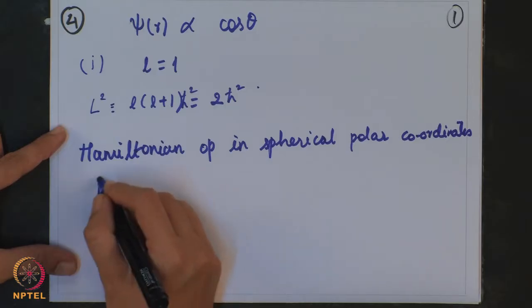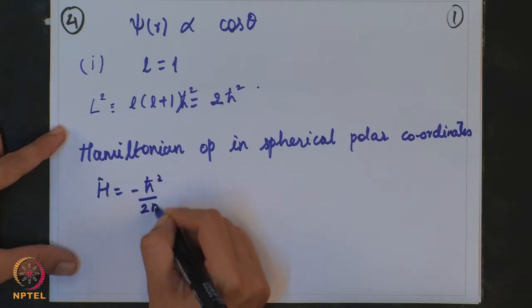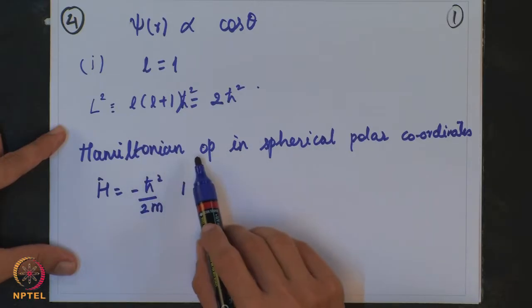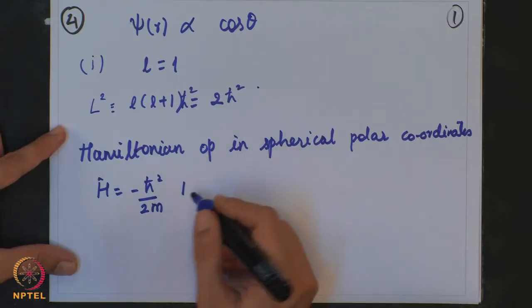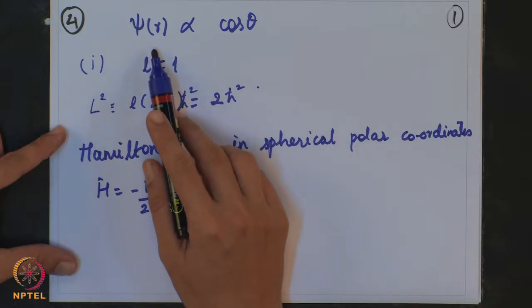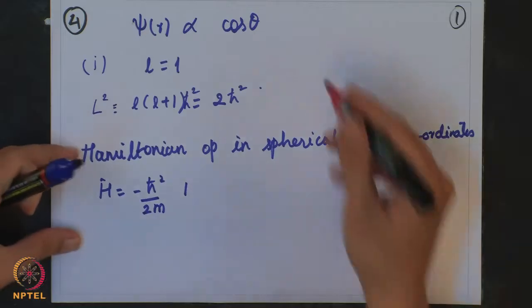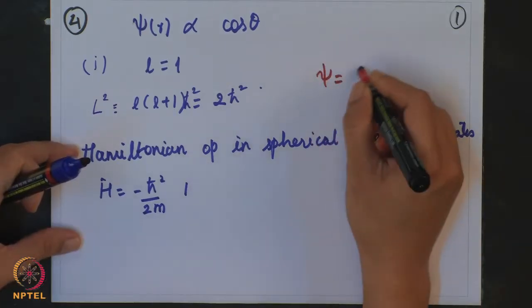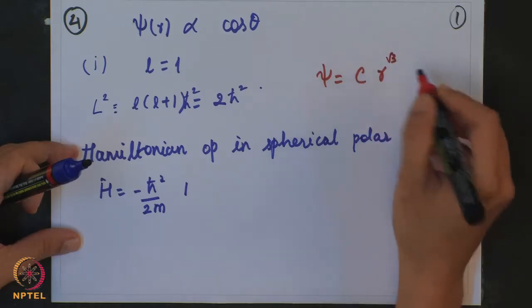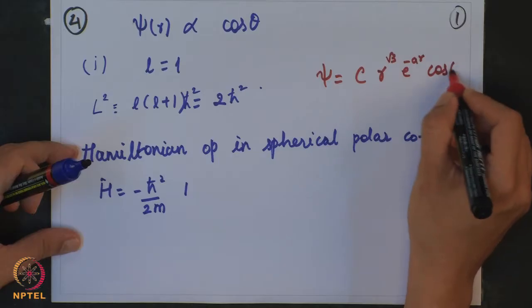H is equal to minus h cross square upon 2m. Then the Hamiltonian will be a function of r, theta and phi. What we do here is, you can see the wave function is of the form psi equal to c r raised to root 3 e raised to minus ar and cos theta.